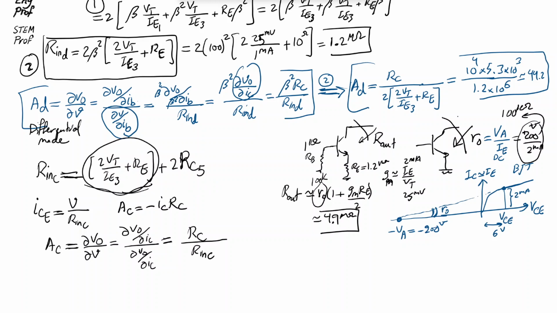But this is nothing compared to 2 times RC5, so I'm going to completely neglect this. RC divided by 2 times R collector transistor 5.